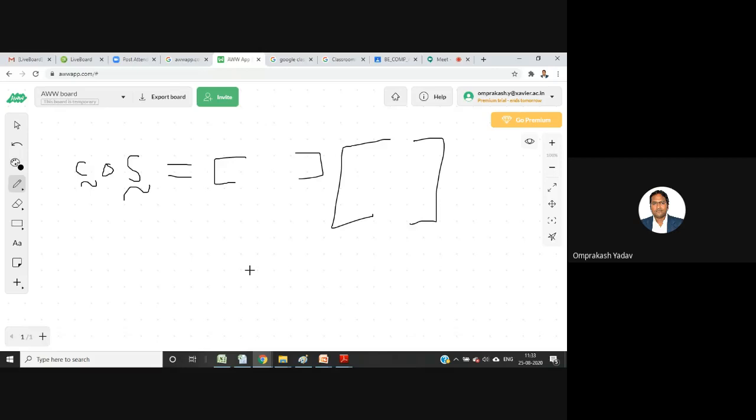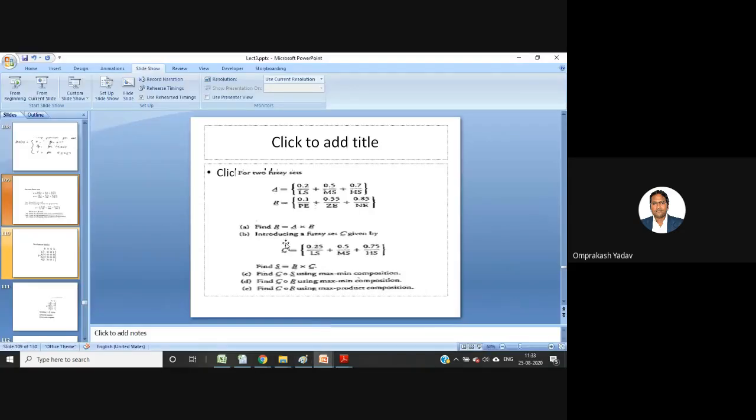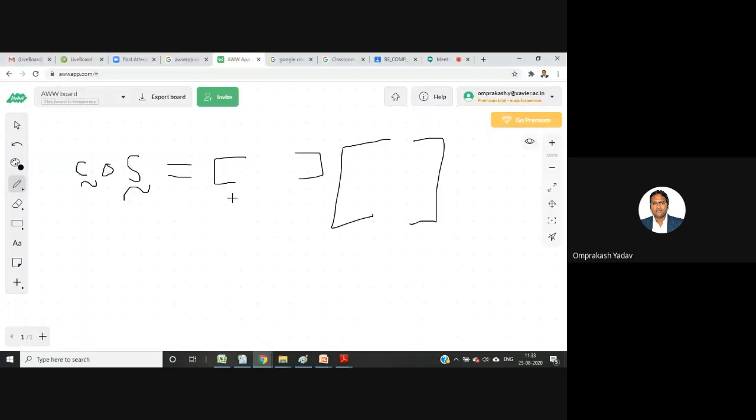So if you observe, C is 0.25, 0.5 and 0.75. So let's write that: 0.25, then 0.5 and then 0.75.